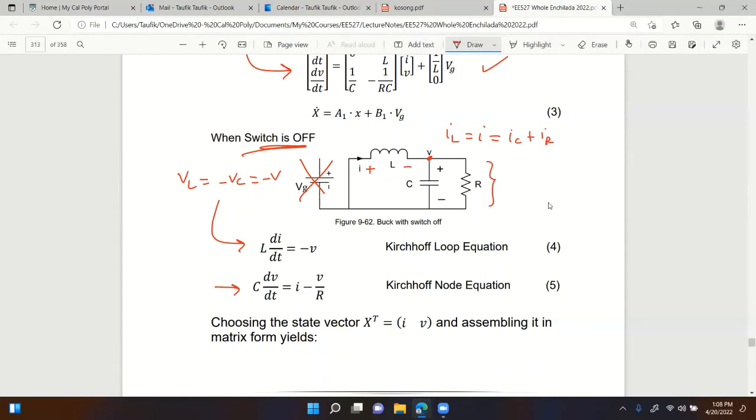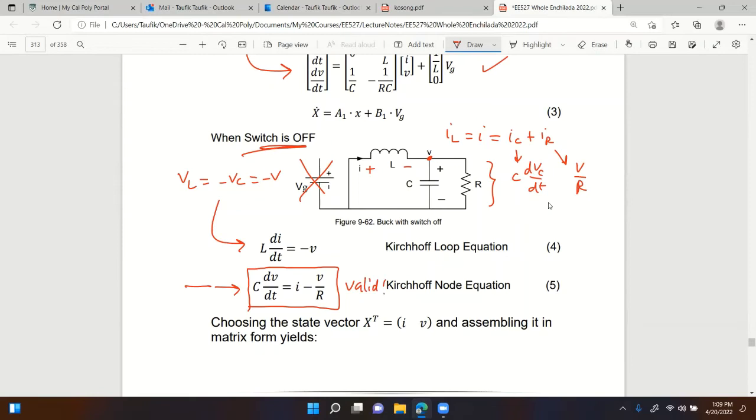And we know IC is equal to C dV/dt, and IR is equal to V over R. So just rearrange the equation such that the dV/dt is on the left, and the remaining on the right, and you get this equation right there. As we already know, this is the same as before, no difference than before. So we know this is already valid.